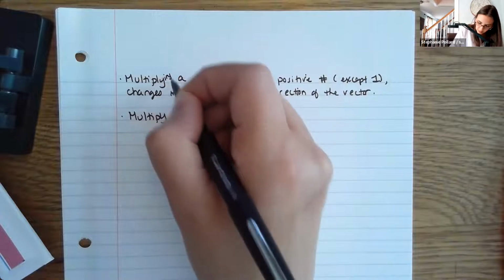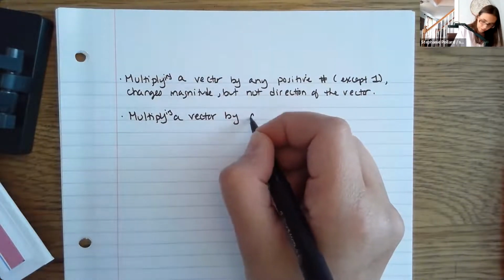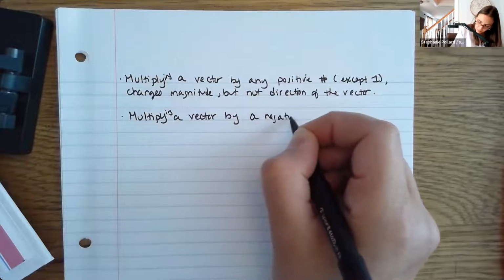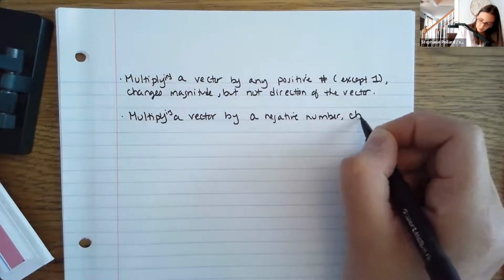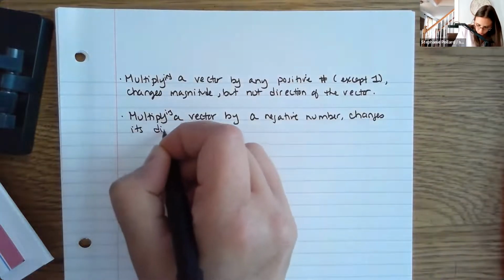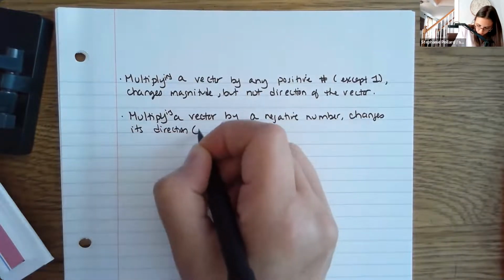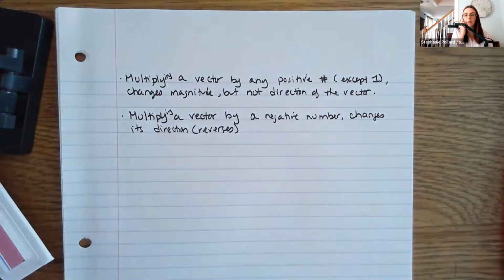Say multiplying a vector by a negative will reverse its direction. So if I multiply by a negative, it's going to reverse the direction of the vector in that case.